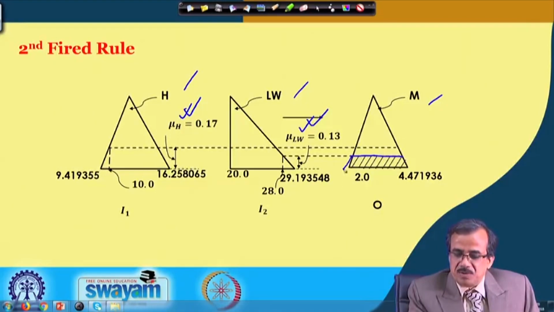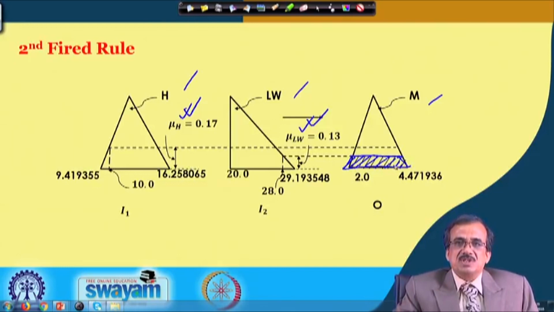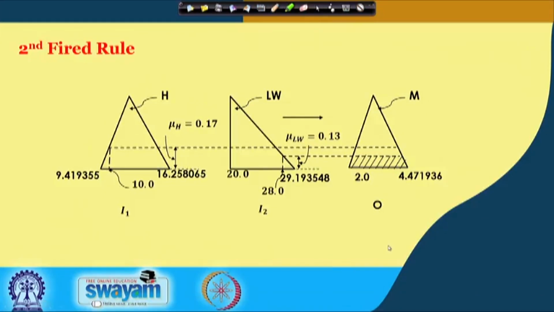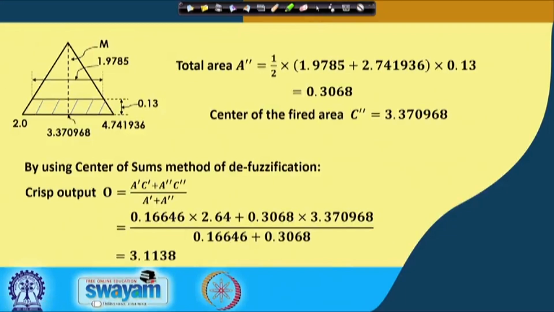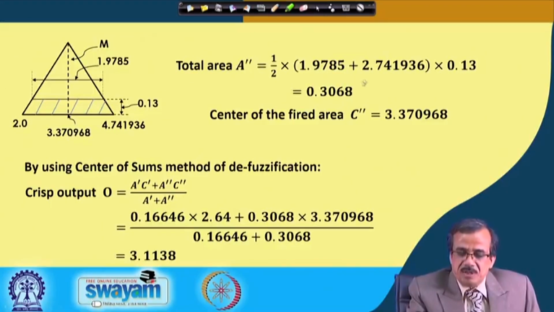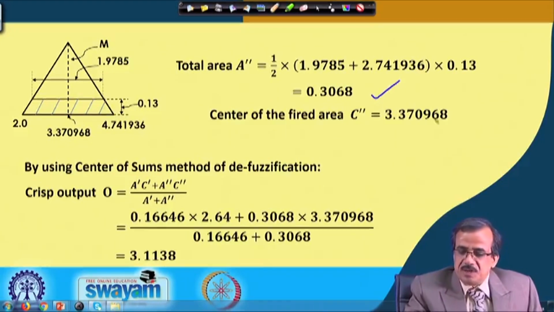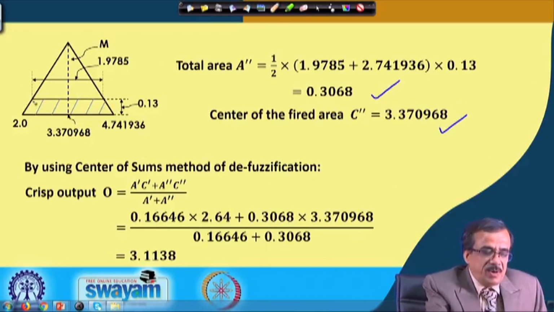So, corresponding to this, in fact, I can find out, this will be the area, the shaded area, and now I will have to find out the area and center of area of this particular shaded portion. Now, this area I can find out, that this is the area of this shaded portion, and center of area I can find out.